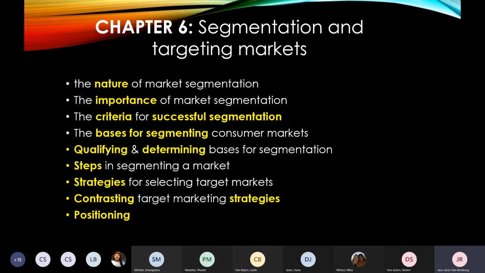Remember, we just did it about 5 minutes ago. Undifferentiated, concentrated, multi-segment. They're all segmentation strategies. Differentiate between the strategies, the different levels, and the different bases of segmentation. All clear? Any questions?